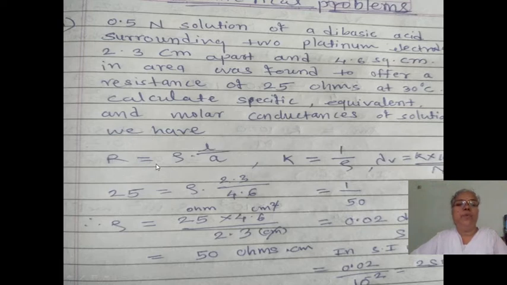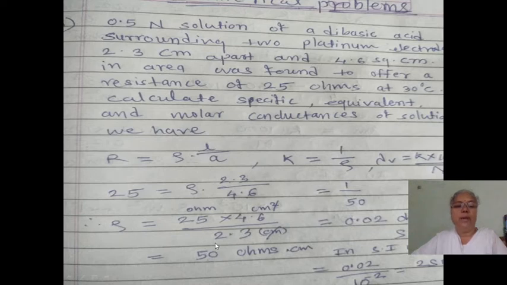Then by putting the given quantities in this formula, that means 25 is equal to rho into 2.3 divided by 4.6, and it becomes equal to 50 ohm centimeter square, and this is the unit of the specific resistance.